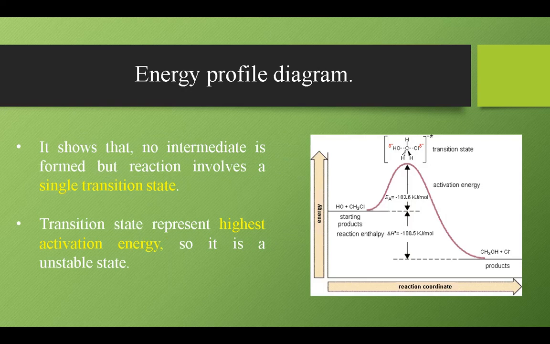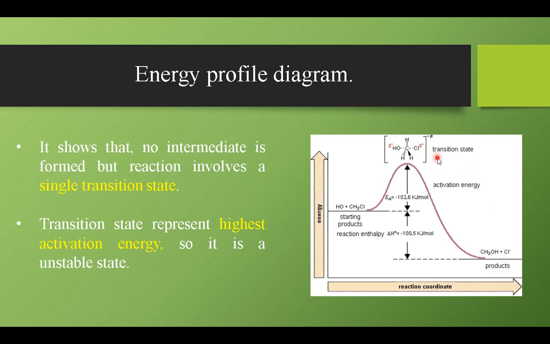Now we'll discuss the energy profile diagram of SN2 reaction. This graph is drawn between progress of reaction on the x-axis versus potential energy on the y-axis. In this graph the reactant molecules, OH- and CH3Cl, react among themselves to give the product, CH3OH, via a transition state.